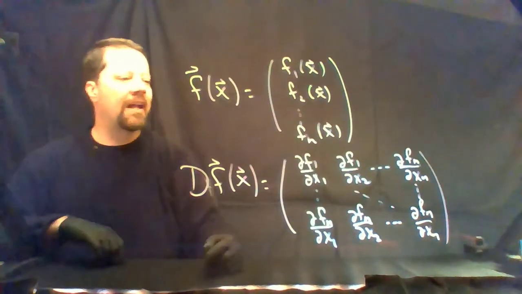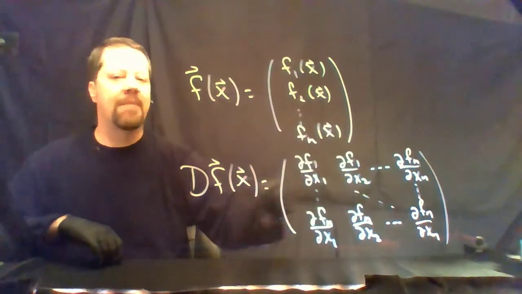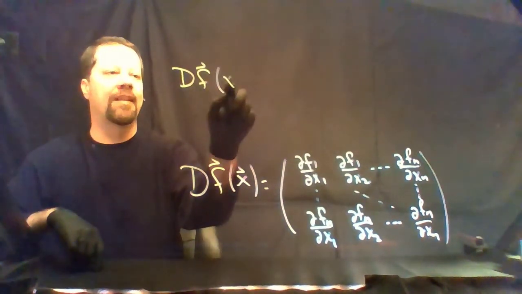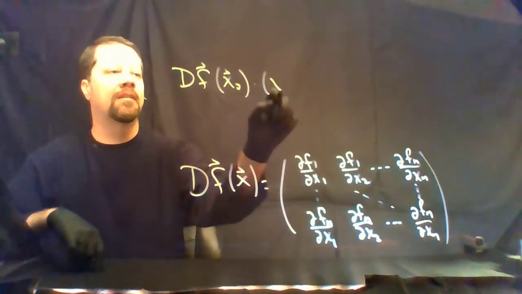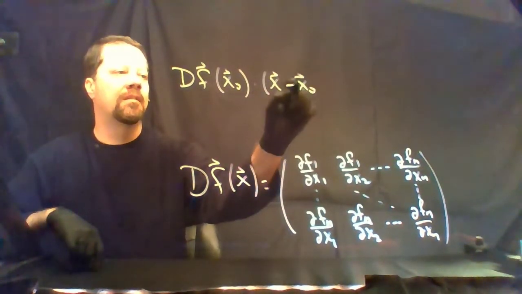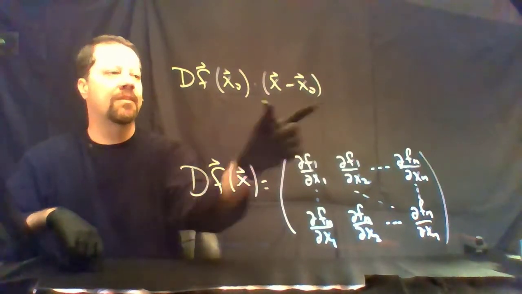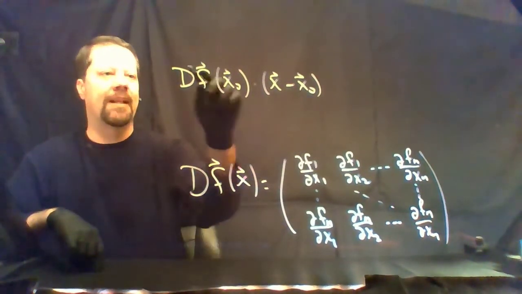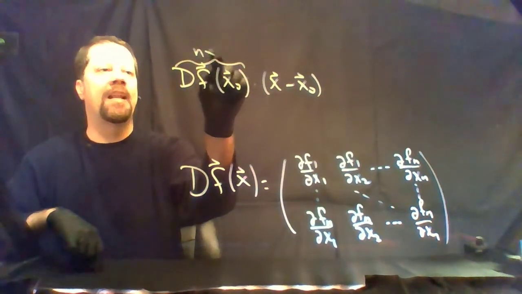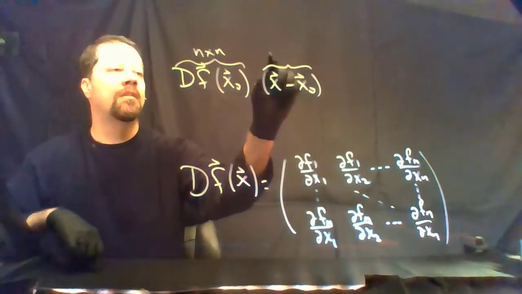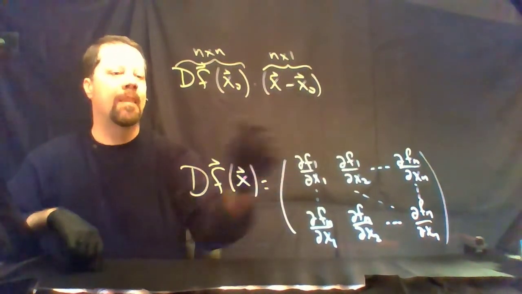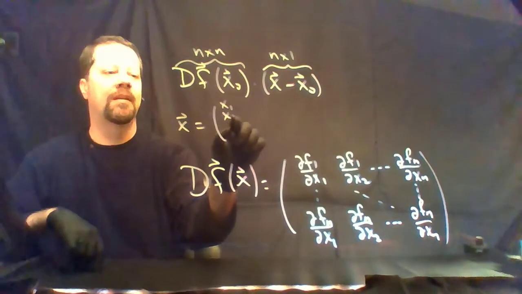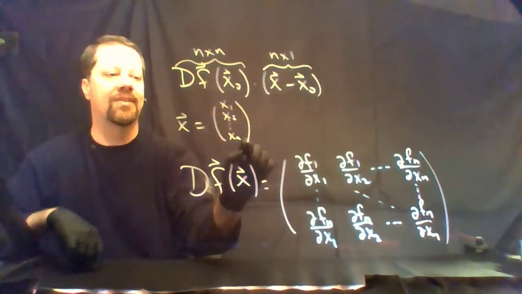You can see then we will have an n by n matrix. And the type of multiplication that we have in multiplying this matrix by x minus x naught is regular matrix multiplication. This will be an n by n matrix. This will be n by 1, where we're assuming the vector x has coordinates x1, x2 through xn.